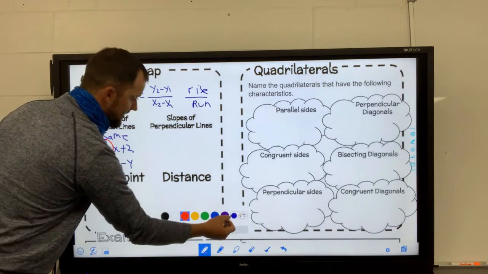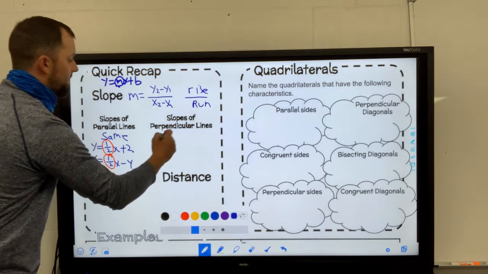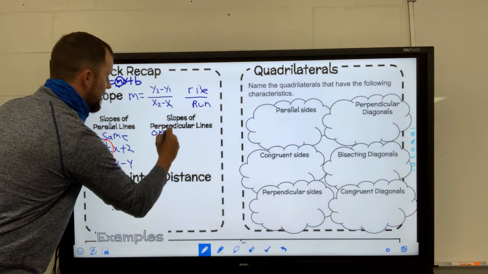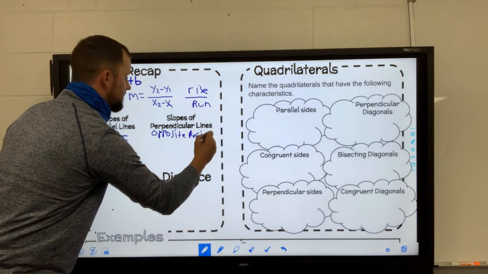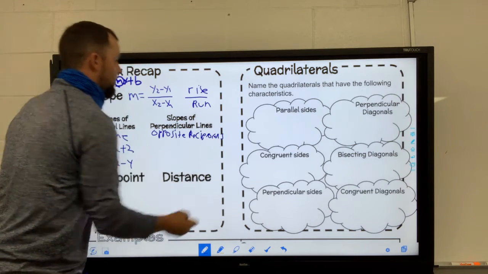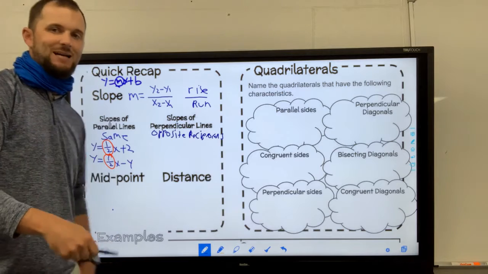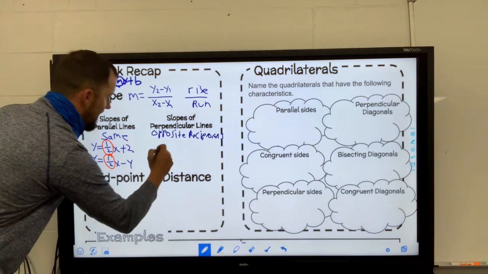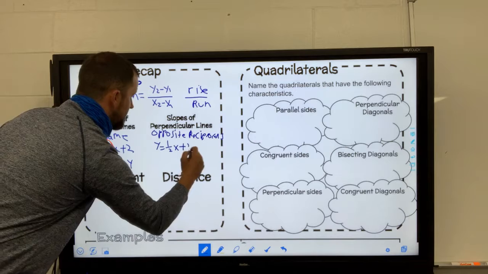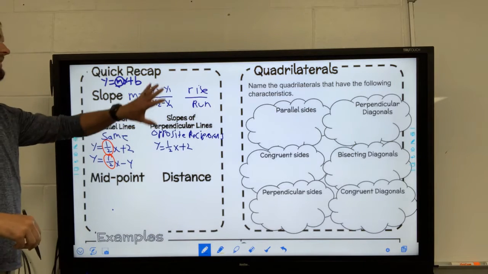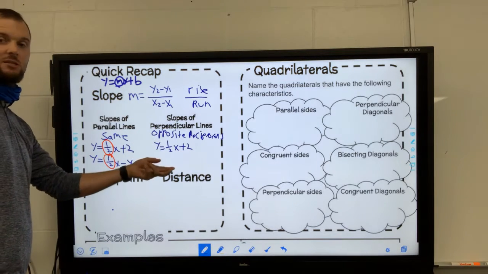The next thing I want to talk about is perpendicular. Remember, the slopes of perpendicular lines are known as opposite reciprocals. Opposite reciprocal means you flip and change the sign. For example, if I have y equals 1/2 x plus 2 and I want the perpendicular slope, I flip it and change the sign.